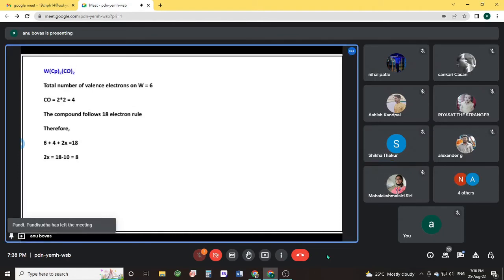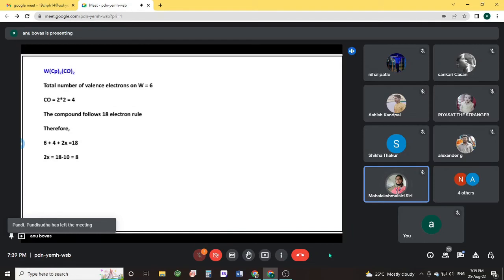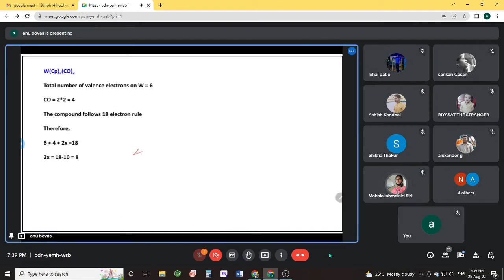Anybody? Yeah, actually, we have seen earlier how Cp has 2 plus 2 plus 1, 5 electrons. So if the metal is attached to all 5 carbon atoms, it will be eta 5.